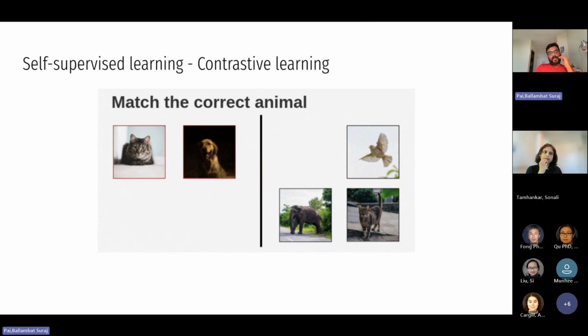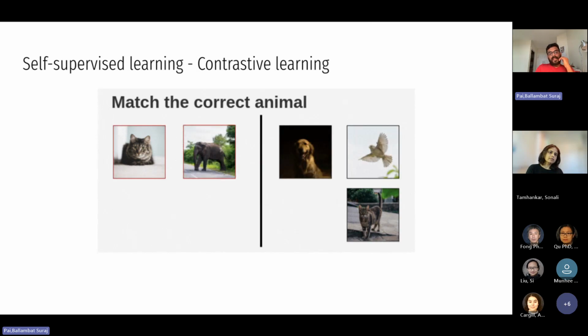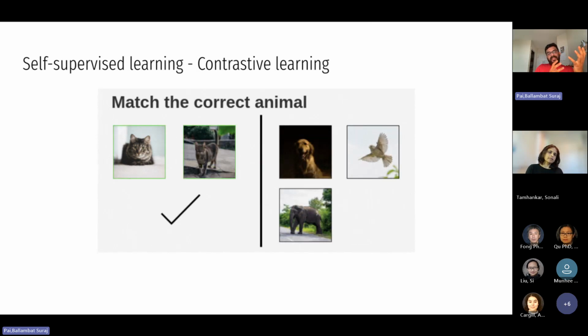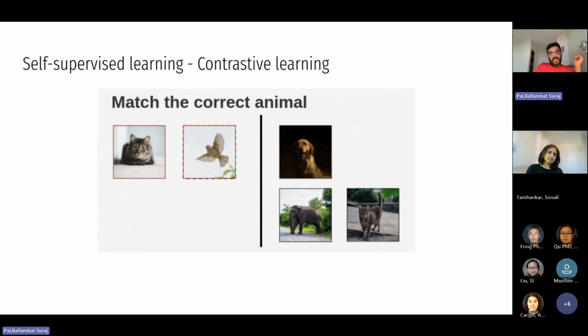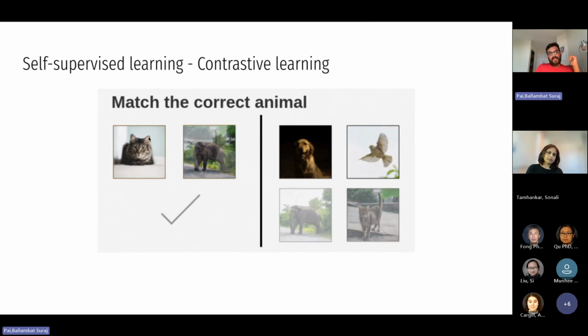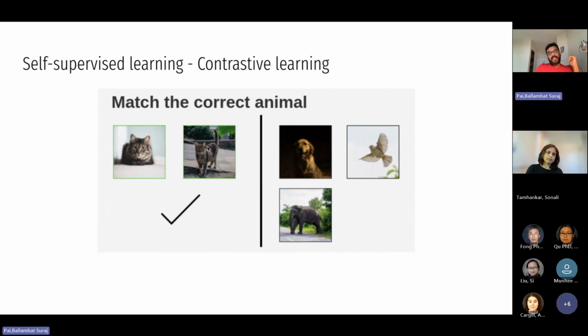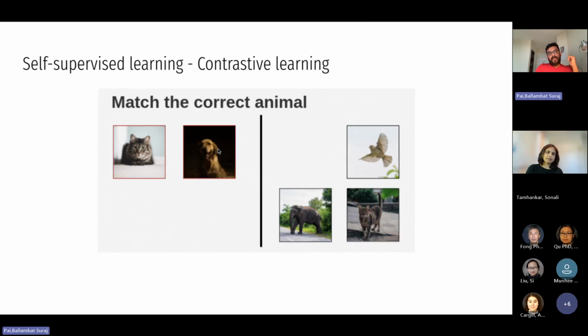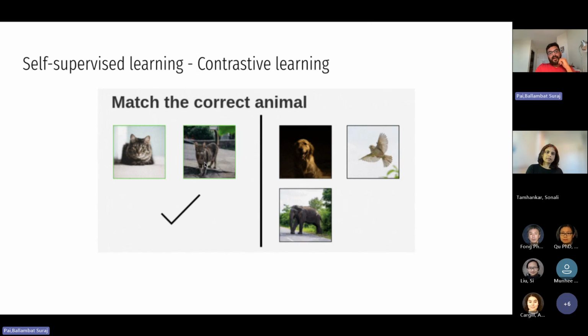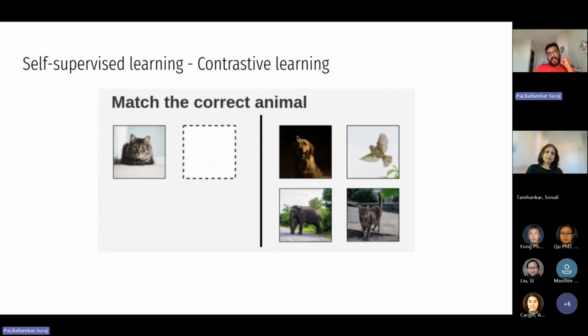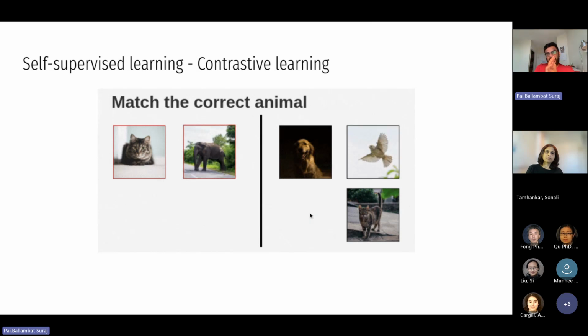The basic idea with contrastive learning is to figure out what makes two instances similar, or what the similarities between images are. So here, if you look at this example of a cat, you want to be able to say that this image of another cat, although it looks different, is still an image of a cat. Whereas if you have images of, say, a dog or a bird or an elephant, this should be different.